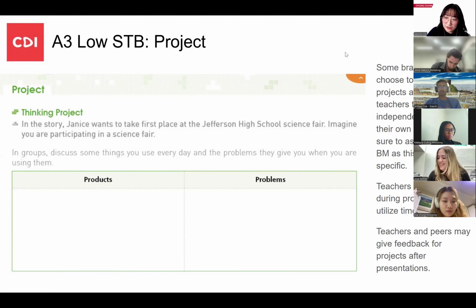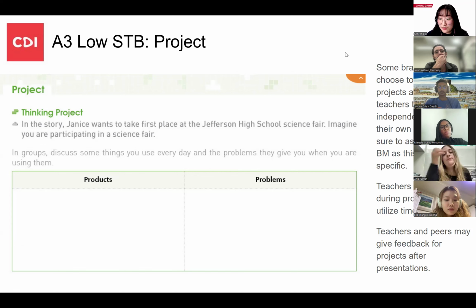Make sure that during project time, you're proctoring as always, not only to make sure that the students are staying on task, but to also gauge the timing of your projects. Make sure that your students will have plenty of time to present as well as hopefully practice their presentation before they give it. I find it's really helpful to use timers during my project time, and I will just call them out: we have 30 minutes left, we have 15 minutes left, 10 minutes left.